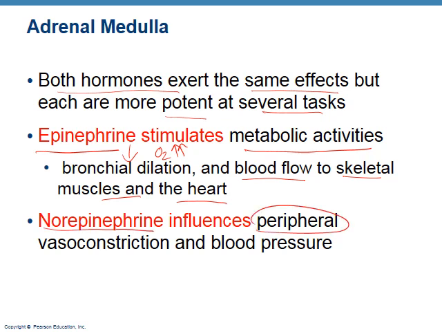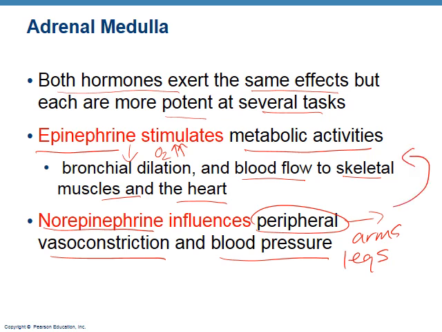Norepinephrine influences peripheral vasoconstriction and blood pressure. So your periphery, your arms and legs. What did we say we want to do? If we're trying to run away from the giant bear, we want to increase all of our blood flow to our brain and our heart and our skeletal muscles, right?